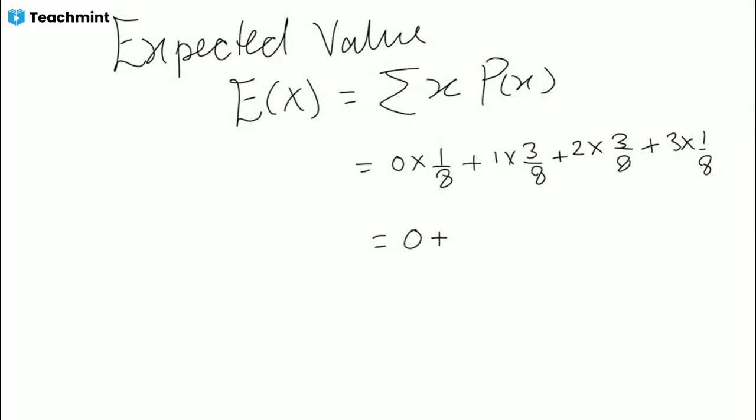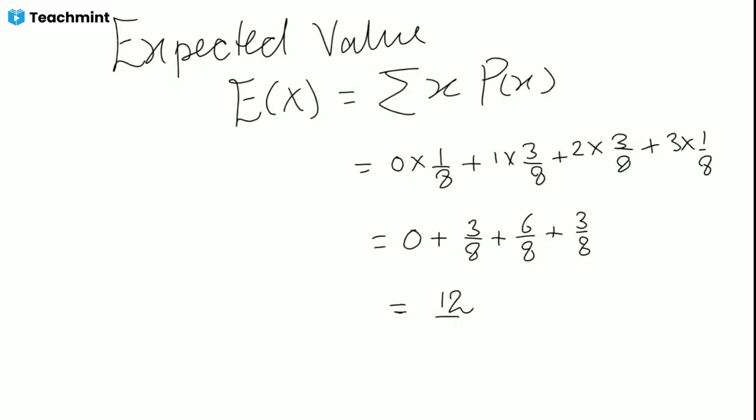Let us simplify. So 3 by 8 plus 6 by 8 plus 3 by 8. What will we have? 12 by 8, which is 3 by 2, or you can write 1.5.